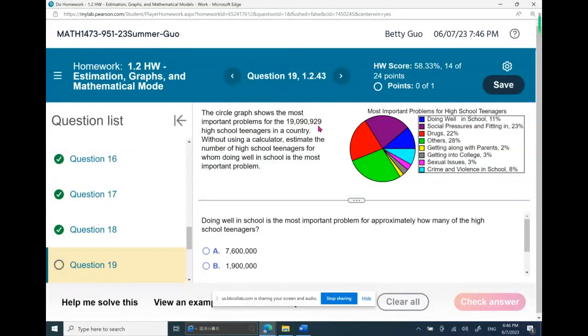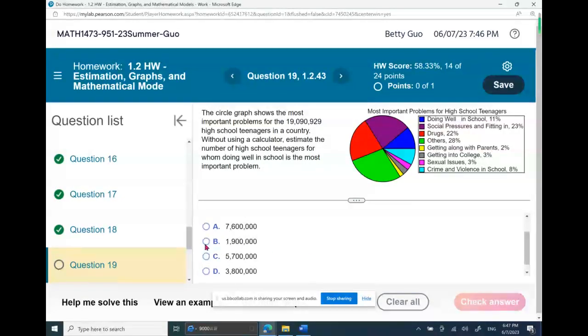Among those people, 11% think doing well at school is the most important thing. So we need to find out how many people the blue region represents, right? So 11% of that. We're going to multiply 11% by the number, but that's not convenient. So 11% can be rounded down to 10%, and this 19 million can be rounded up to 20 million. 10% of 20 million is 2 million, right?